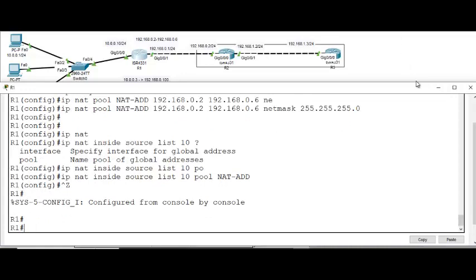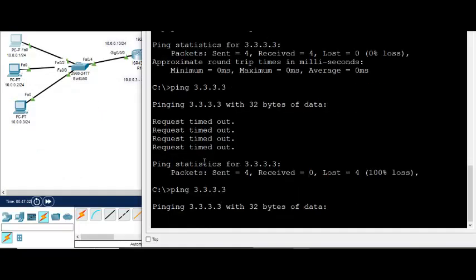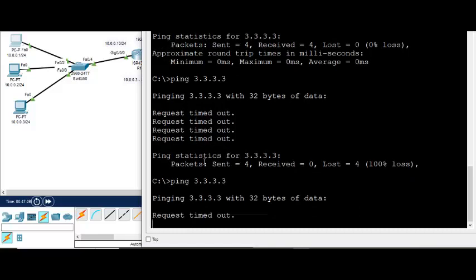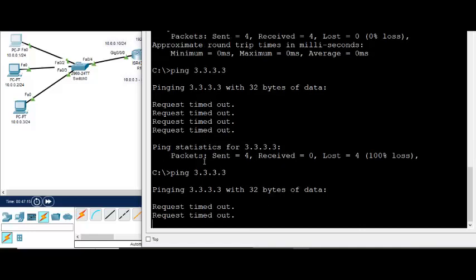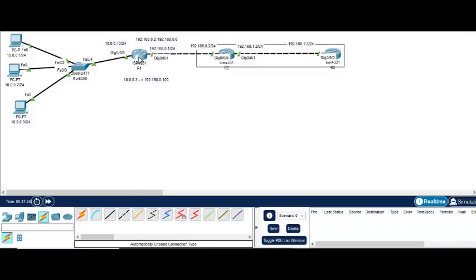But I don't know why this ping is still not happening. Let's verify. IP NAT inside source list 10 pool this. Okay, it's looking good. The first address, 0.2. Show IP NAT translation. Translation has happened. Look at this. When this computer was pinging, this is the translation. Now I'm going to ping from the other computer.